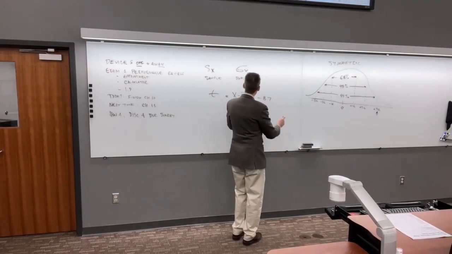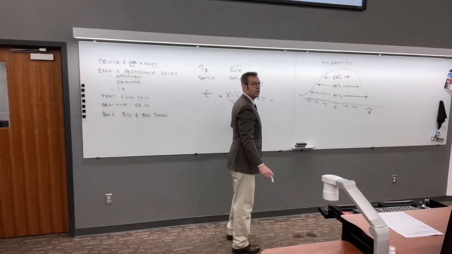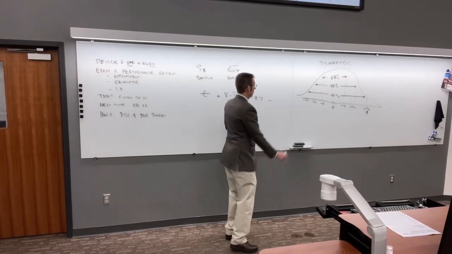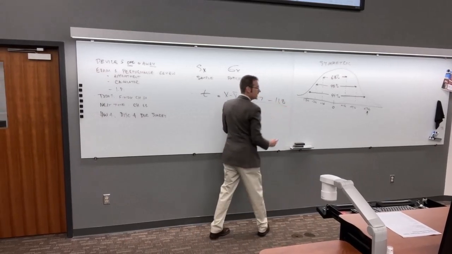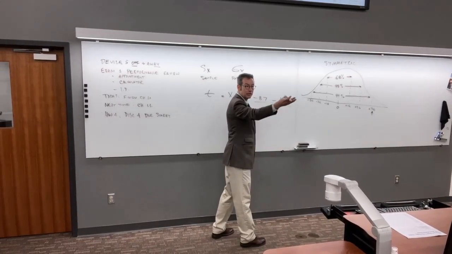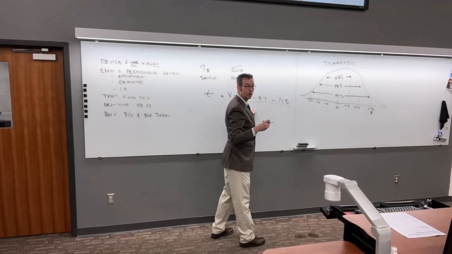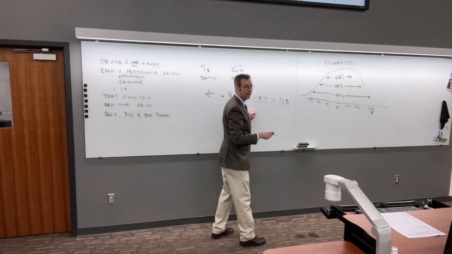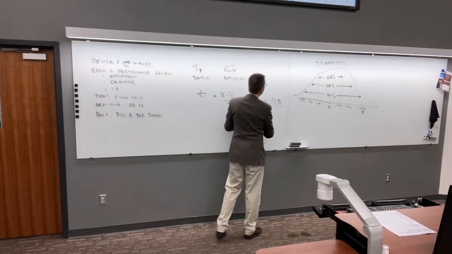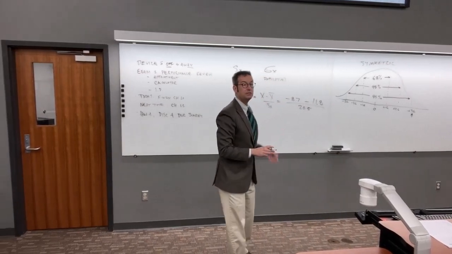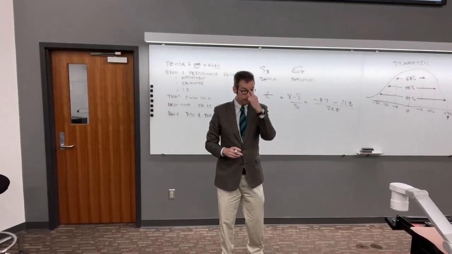Minus 8.7. I'm going to subtract the mean. What's the mean? 11.8. And then I'm going to divide by the sample standard deviation. How much? Oh, come on, we calculated it just a bit ago. 20.5, right? She told us 20.5. And how did we get that? 32.3 minus 11.8.